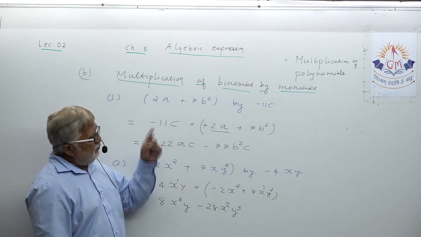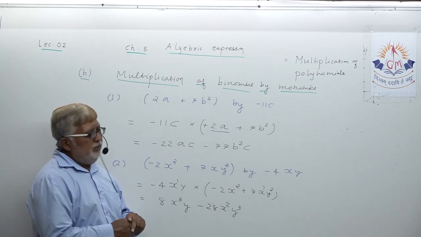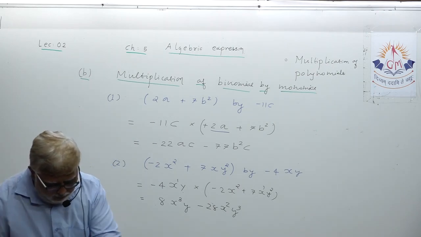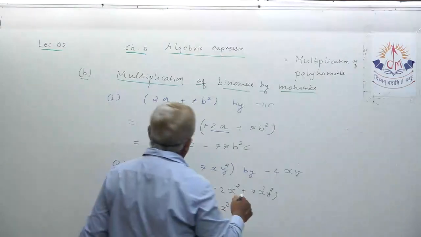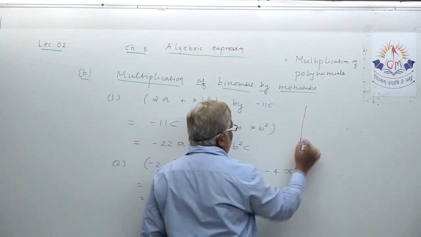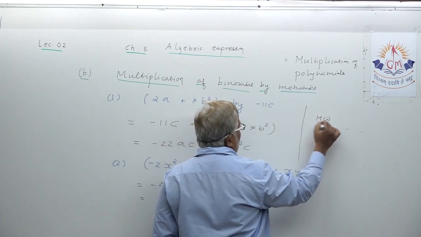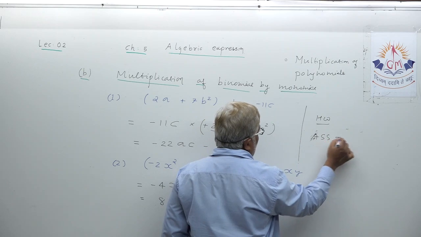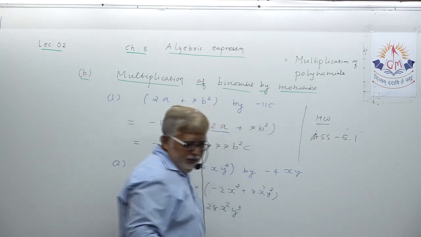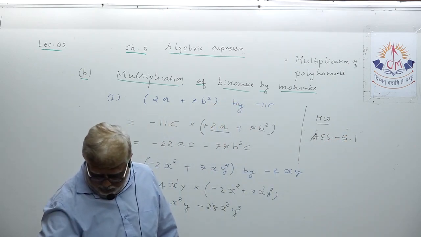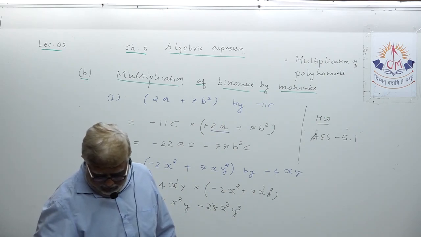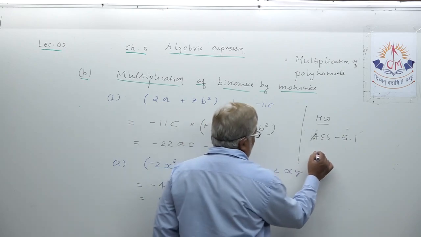Okay. Still the multiplication of binomial by monomial is not yet over, but your homework is, I am writing your homework here. Okay. That is from Assignment 5.1 you will complete Example 2 and 3, that you have to do.